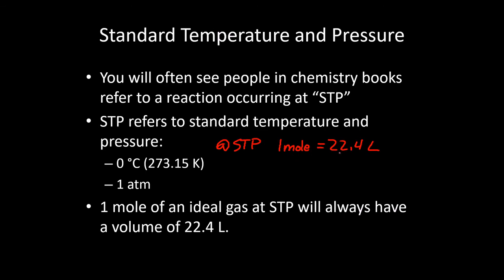Sometimes that might be handy where you can go back and forth easily. This is not something that you have to know, because if you know you're at STP and you have 1 mole of the material, you have enough information to plug that into the ideal gas law and find the 22.4 liters that way. So it's a shortcut, essentially. If you can remember it, it can keep you from doing a little bit of work.